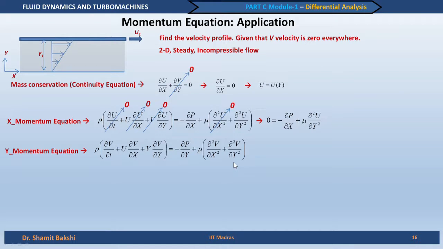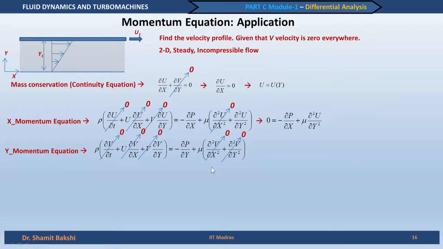Even though the v velocity is 0 in this case, it is important to consider this equation, we will see why. Because v is 0, all the terms actually disappear. Unsteady flow or v equal to 0, both tell you that the first term is 0, the second term is also 0, ∂v/∂x is 0, this is also 0 because v is 0 everywhere.